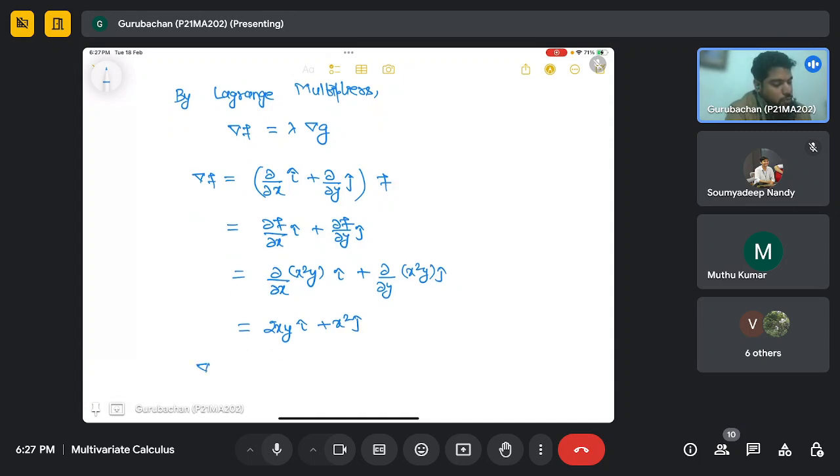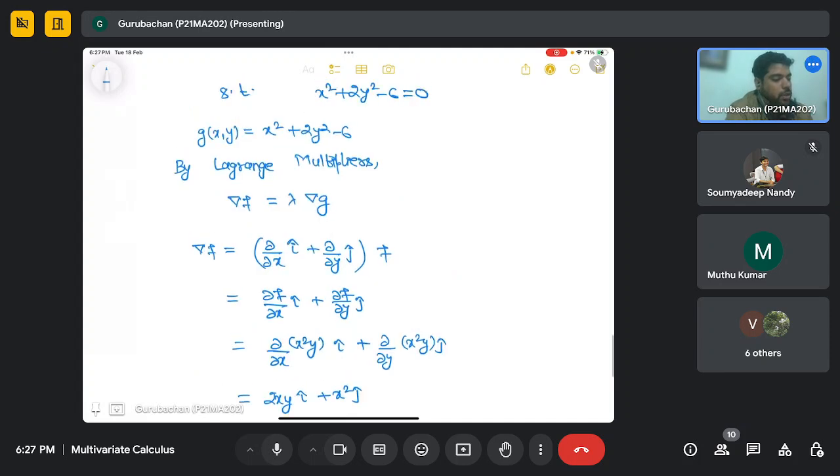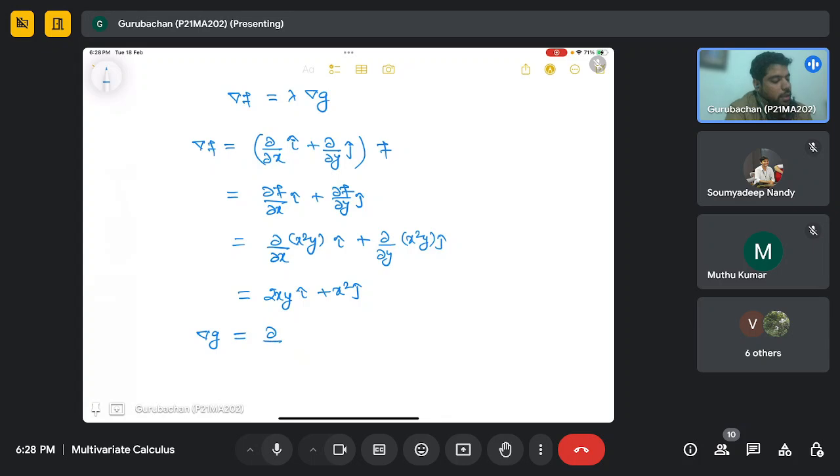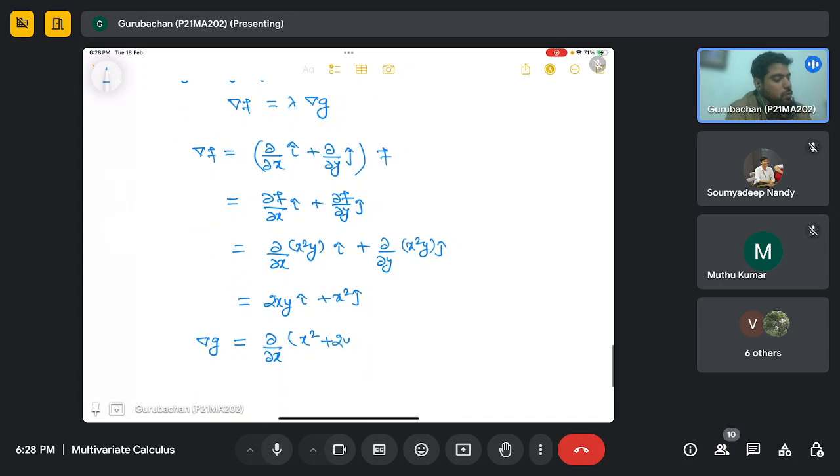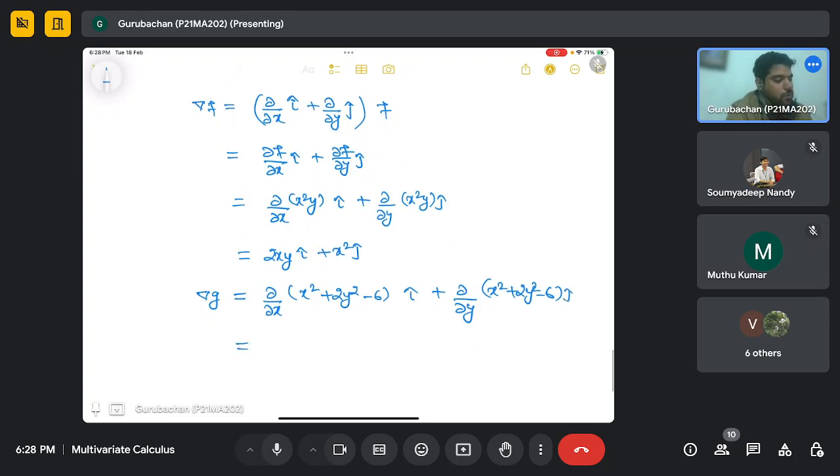Now you have to compute del g in the similar way. So it is x square plus 2y square minus 6. So del by del x of x square plus 2y square minus 6 i cap, del by del y of x square plus 2y square minus 6 j cap. So this will give you 2x i cap, we differentiate with respect to x keeping the other independent variable as constant, and 4y j cap.